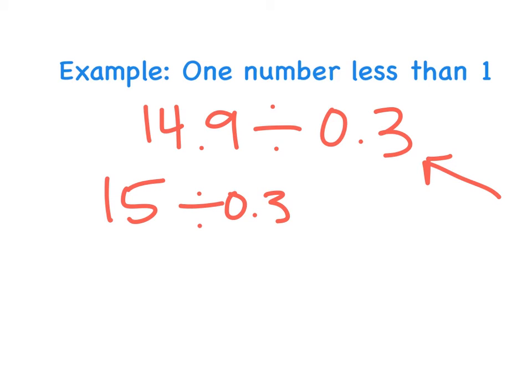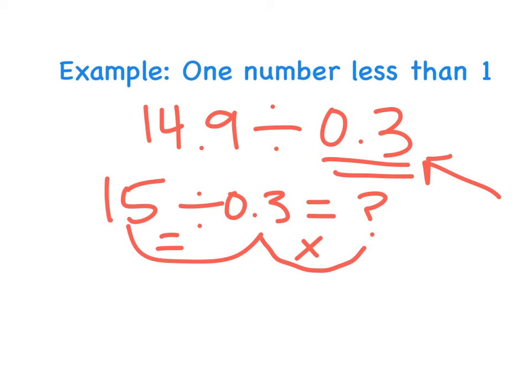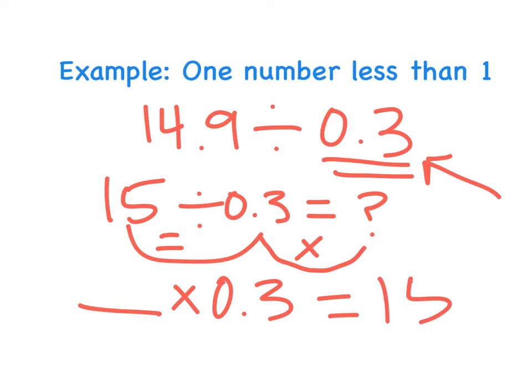Now, we're going to actually think about this, so whenever you have a number less than 1 as your second number, your divisor, think backwards and think about it like multiplication. Okay, it's going to just make it a little bit easier for you since these are tricky problems. So I need to think that 15 divided by 3/10 equals something. And that would be the same as what times 3/10 equals 15? What times 3/10 equals 15 wholes?